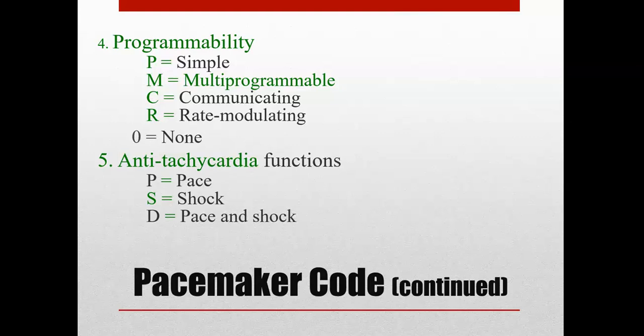And then position 5 is used to indicate the presence of one or more active anti-arrhythmia functions: pace, shock, or dual. So if it senses what it's supposed to, it can either say, hey, you need to pace, hey, you need to shock, or hey, we need to do both.